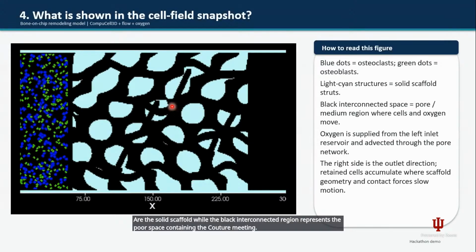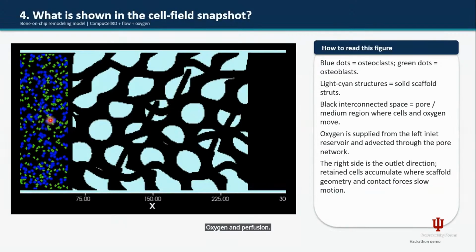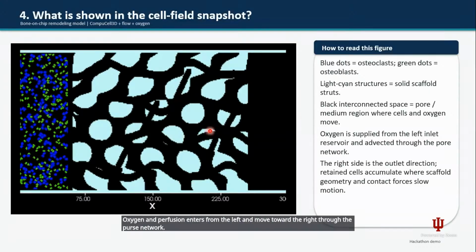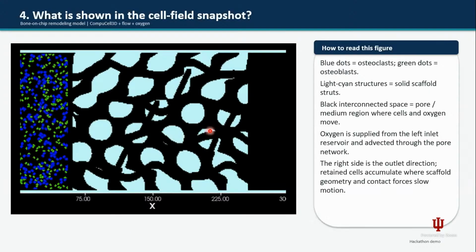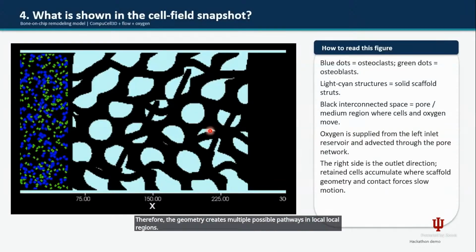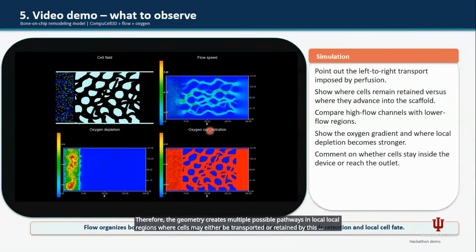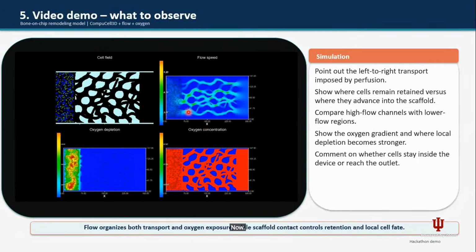Oxygen and perfusion enter from the left and move toward the right through the pore network. Therefore, the geometry creates multiple possible pathways and local regions where cells may either be transported or retained by the scaffold. Now I'll show the simulation dynamically.